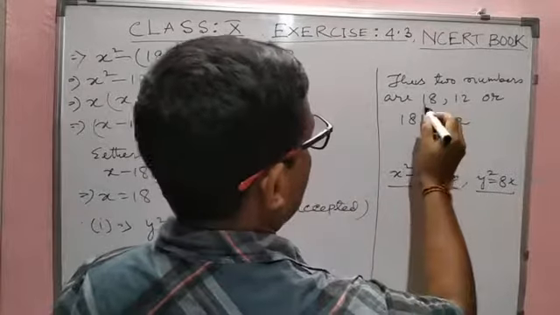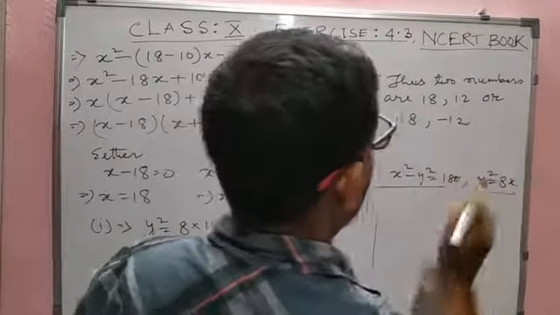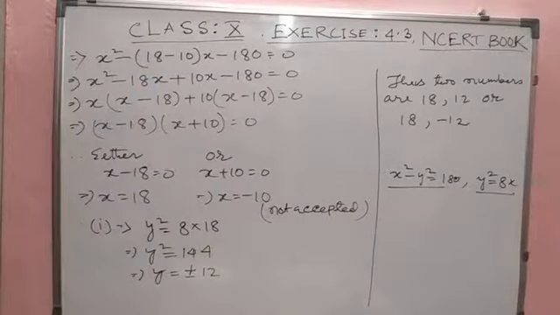So the two numbers are 18, 12 or 18, minus 12.